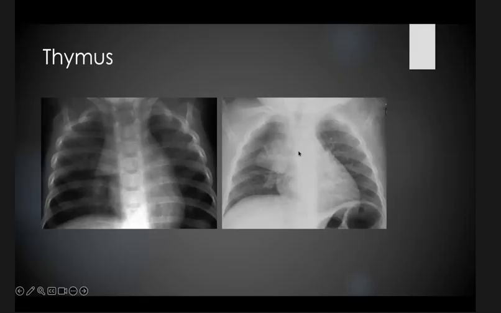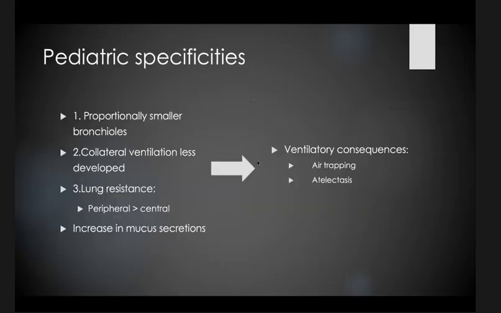So the trachea will still be at its normal place, so no mass effect. And you can still have those little curves here when the thymus is on the ribs. So it's basically a soft structure that doesn't compress anything else.